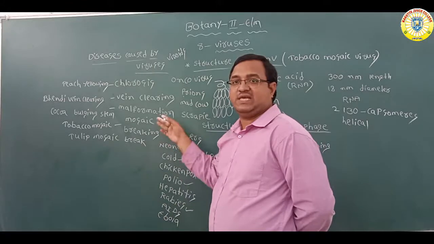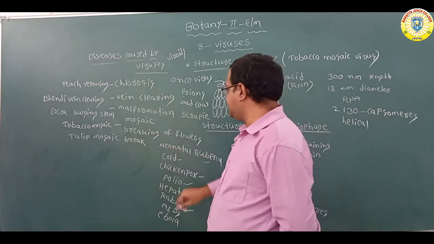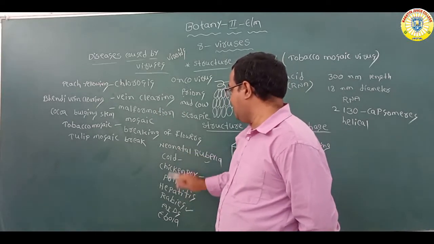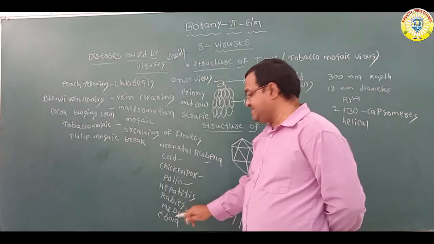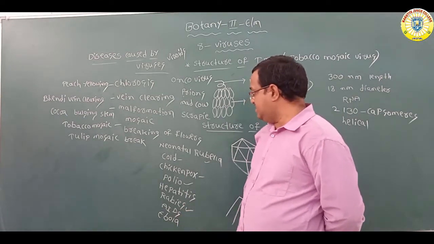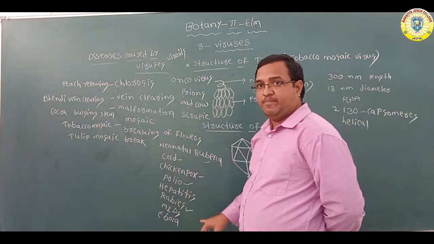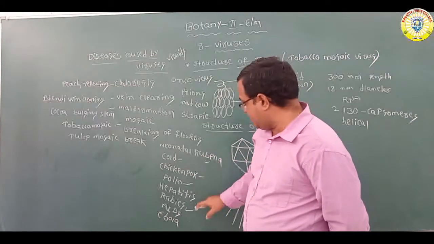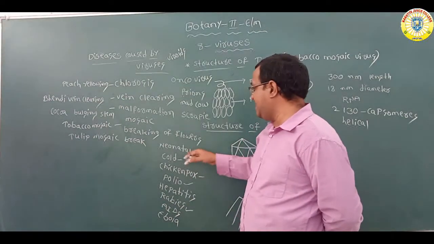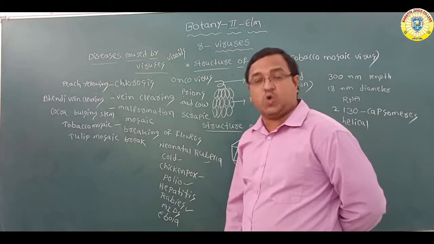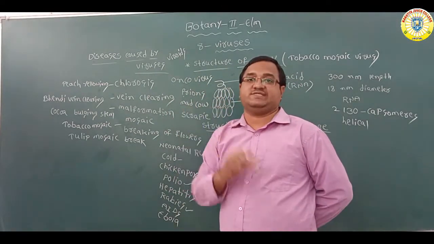Next, in animals and human beings, some of the important diseases are the common cold, chickenpox, influenza, polio, hepatitis, rabies, AIDS, and Ebola. Because of neonatal rubella, polio, and AIDS, there can be long-term effects, and children may suffer physical weakness.